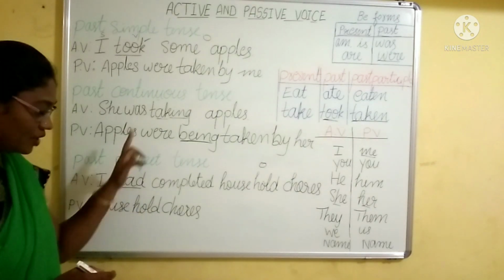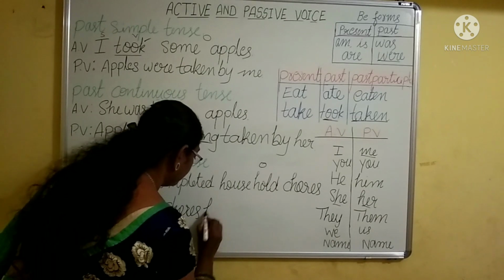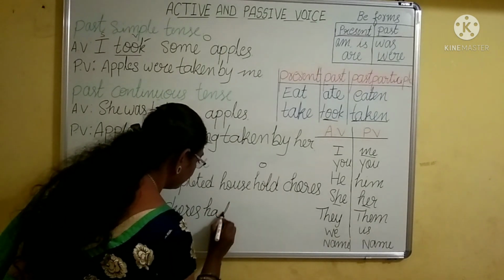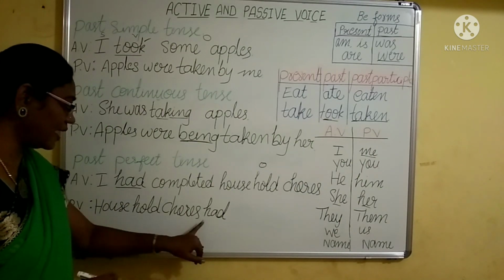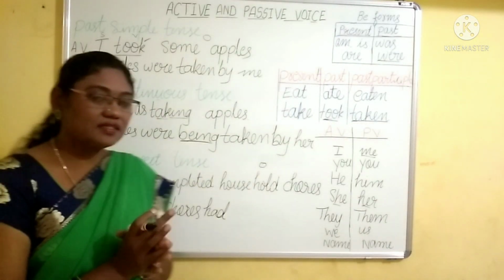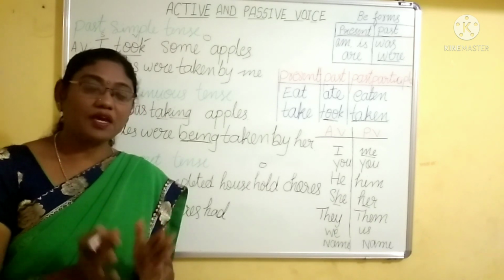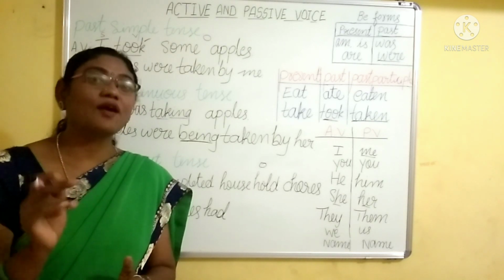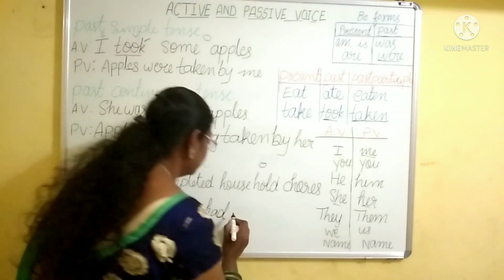Had is there? You have to write had as it is. Household chores had. Is there anything to add? Yes, we have to add a particular word. What is that term? Been.